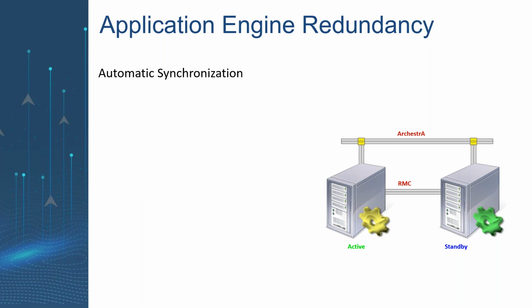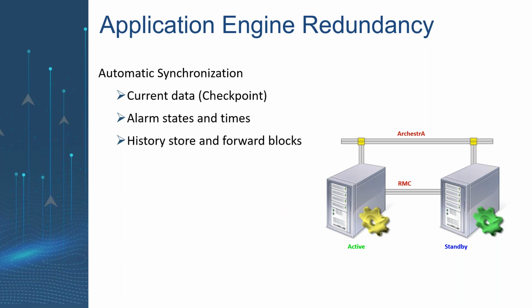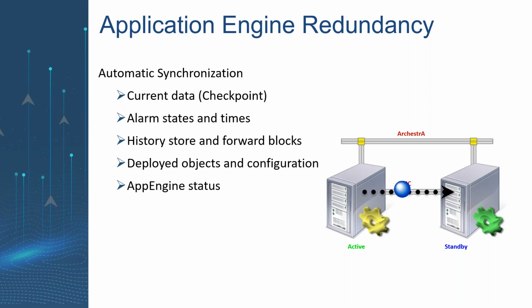Well, actually, there is an automatic synchronization, as I explained. It's not between application servers, but between engines. Every engine is synchronizing with its partner for all the important data. That means current data, the alarms, history, etc., deployment objects, and app engines.